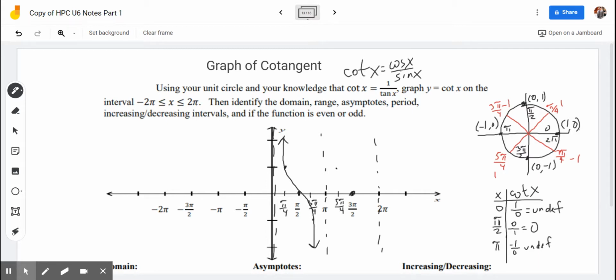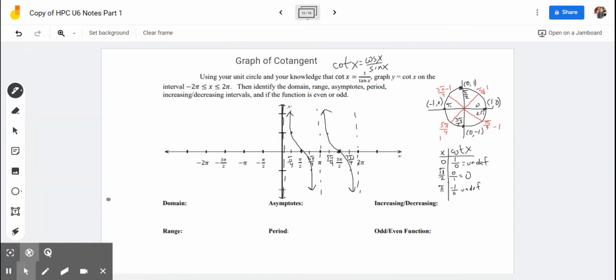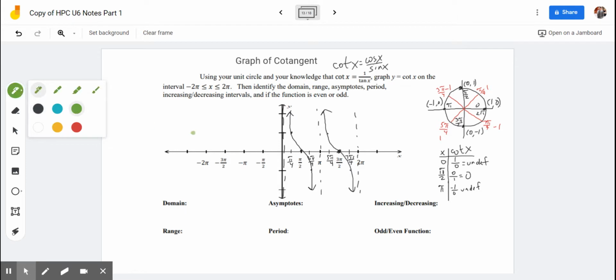And at 7 pi over 4, we'll be at negative 1. So what's happening here is that from 0 to pi, or from pi to 2 pi, that's technically one period of cotan. I'll bracket that off there.